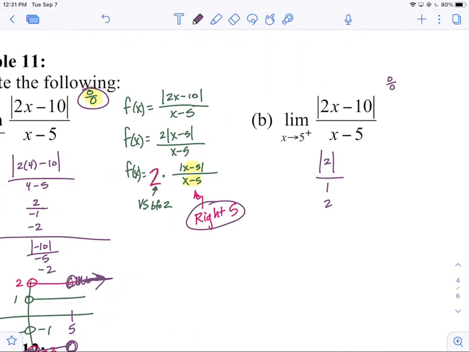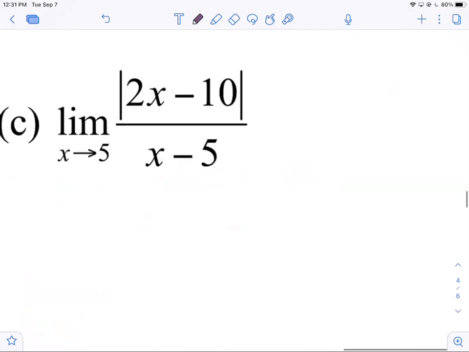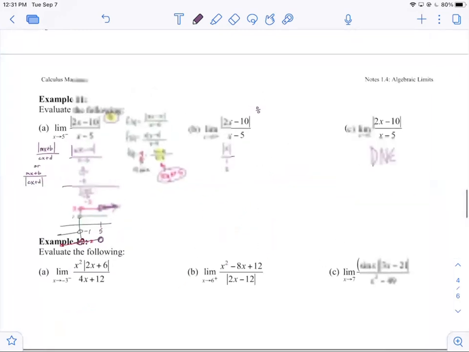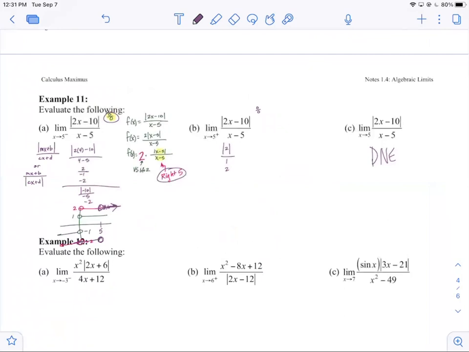And then what would be the general limit here at 5? DNE. Only DNE, or non-existent.